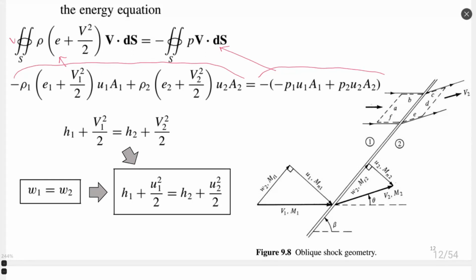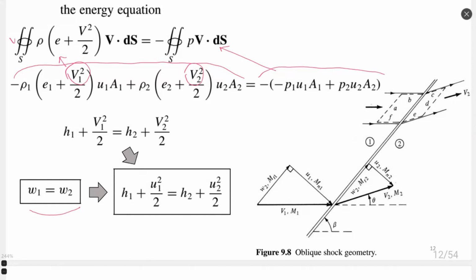It repeats absolutely the same equation that we had for normal shock wave. Velocity V1, this big velocity vector, is simplified because the W component of the velocity before and after the shock wave is the same. So velocity V can be just substituted by velocity U because the W component is the same, so it's cancelled from our discussion.